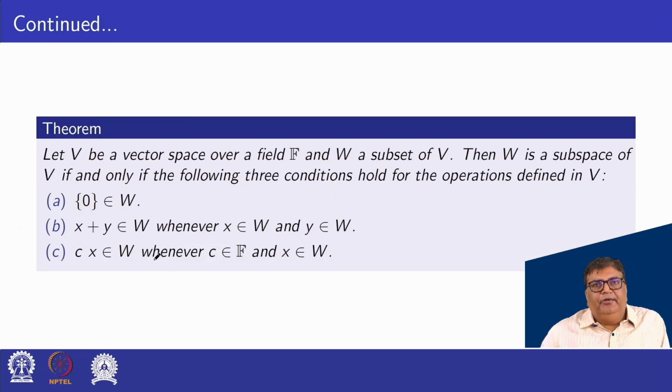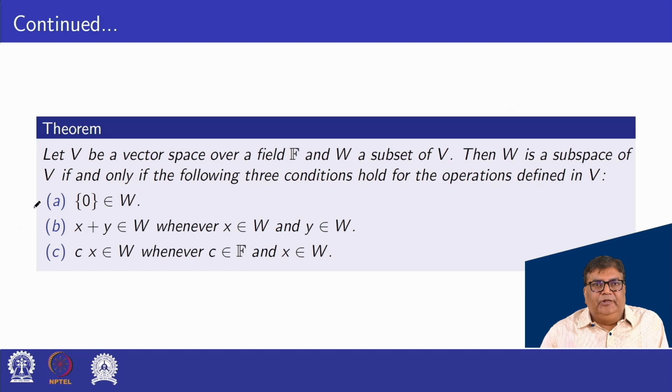Let V be a vector space over a field F and W be a subset of V. Then W is a subspace of V if and only if the following three conditions hold for the operations defined in V. That is, W is a non-empty set; if x belonging to W and y belonging to W, then x plus y also belongs to W; and if c belongs to F and x belongs to W, then cx belongs to W.